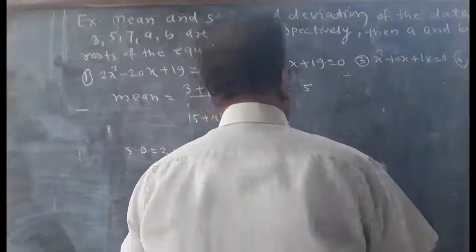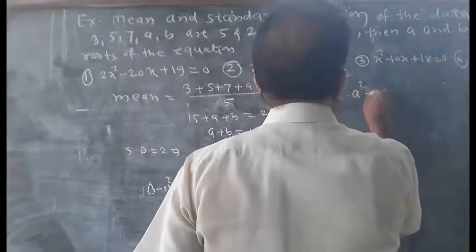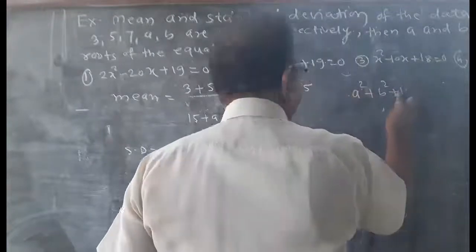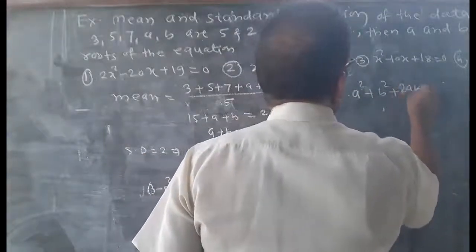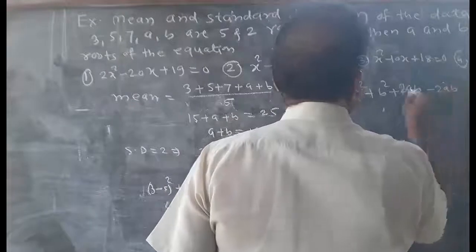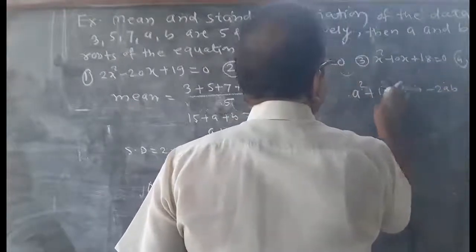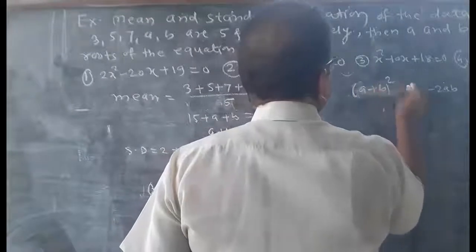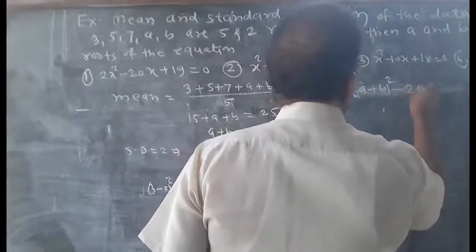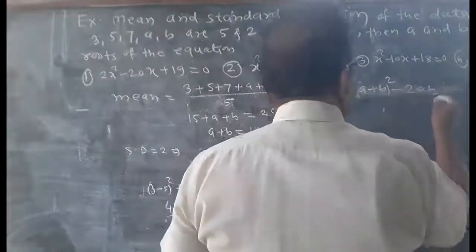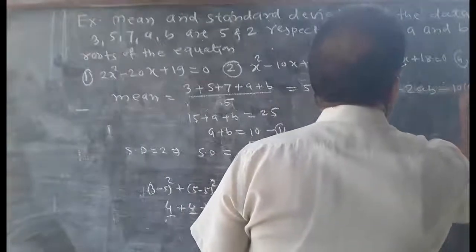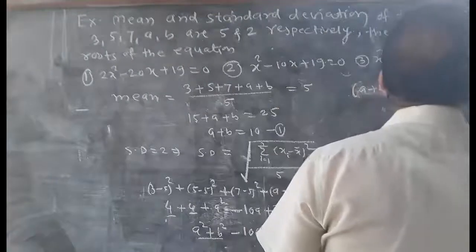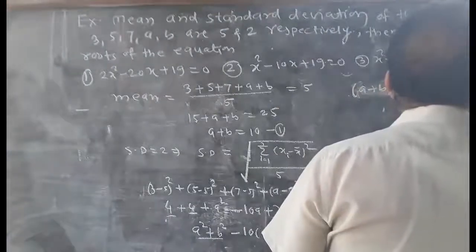That is nothing but a square plus b square plus 2ab minus 2ab, and this a square plus b square plus 2ab is nothing but (a plus b) square, minus 2ab, minus 10 times (a plus b) plus 50 equal to 12.